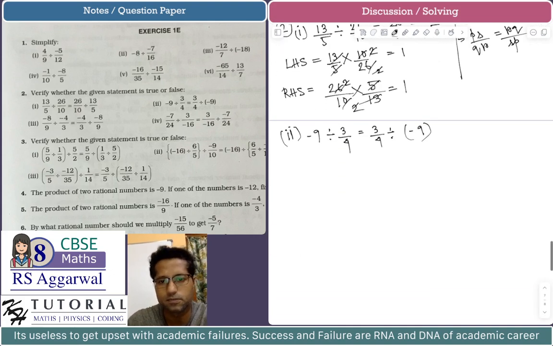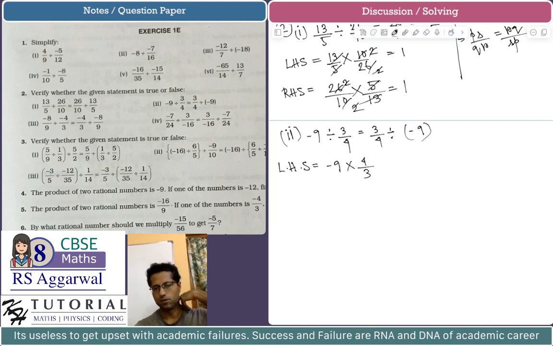So the LHS is equal to minus 9 multiplied by 4 by 3, because using the formula of division of two rational numbers, it will be minus 9 multiplied by the multiplicative inverse of 3 by 4, which is 4 by 3. If you do cancellation, minus 3, this is equal to minus 12.